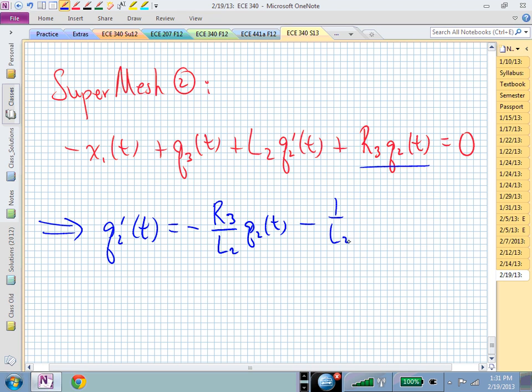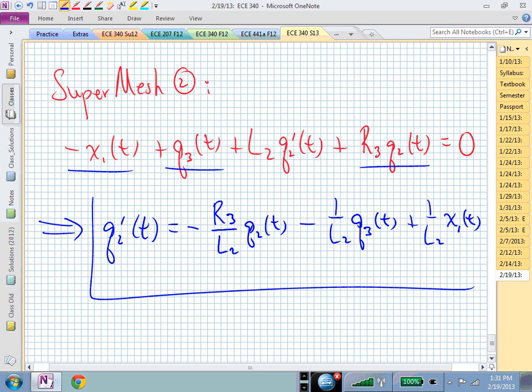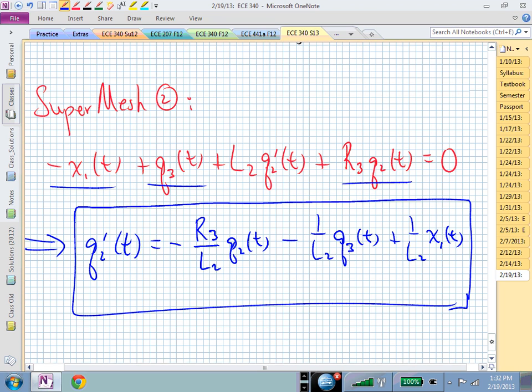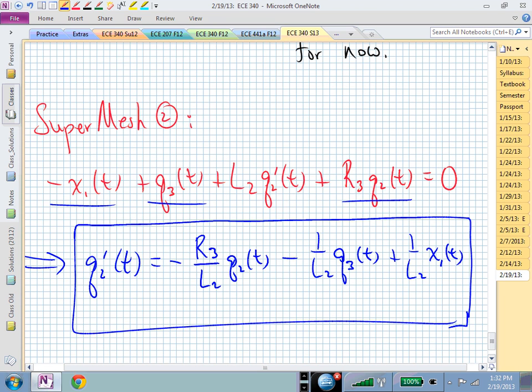Minus 1 over L sub 2, q sub 3 of t. That's this piece. Plus 1 over L sub 2, x sub 1 of t. And that's that piece. And now that's my second equation. Questions on that?